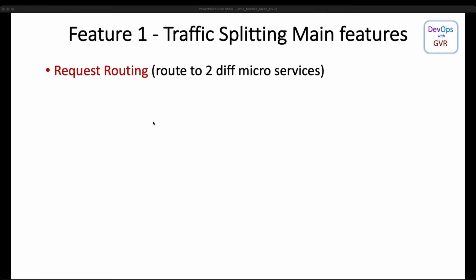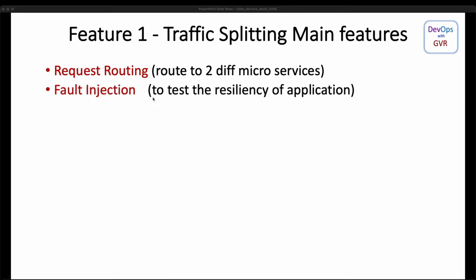If you look at the main request routing, it routes to two different microservices. Fault injection means, say I want to test my pod with some exceptions, or maybe some network latency, a stress test or load test.